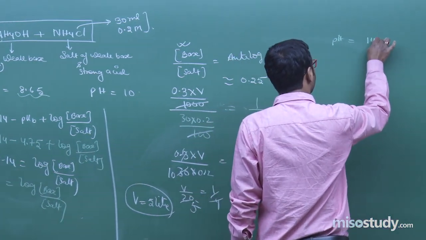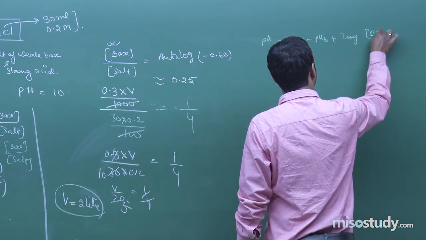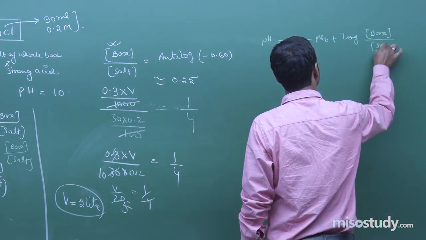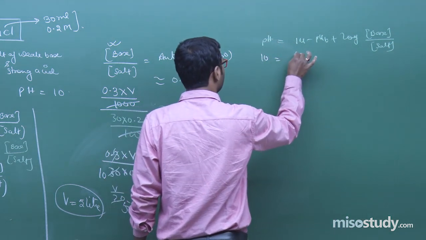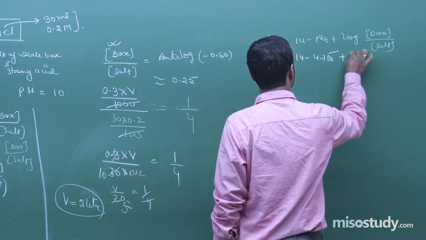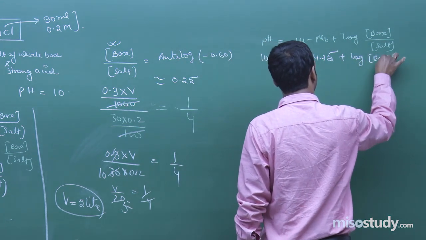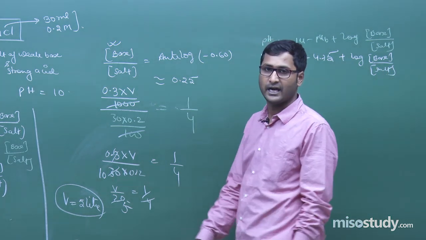Again put the value: 14 minus pKb plus log base upon salt. Put the value: 10 equal to 14 minus 4.75 plus log base upon salt. Am I right, my friend? Yes, sir, you are absolutely right here.